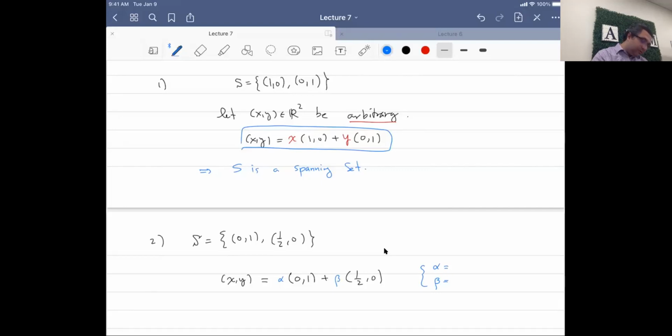If I multiply by alpha, the first one will be (0, alpha), the second one will be (beta/2, 0), which gives us (beta/2, alpha), and this should be (x, y). So what is alpha, and what is beta then? We're trying to find alpha and beta.